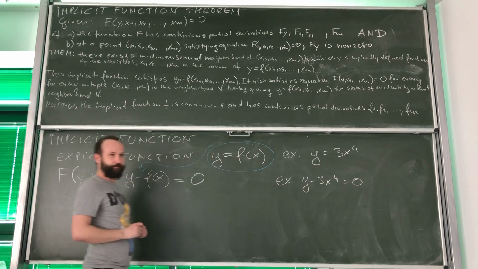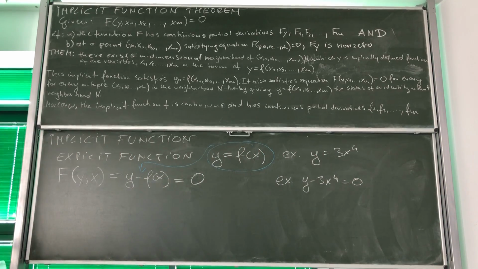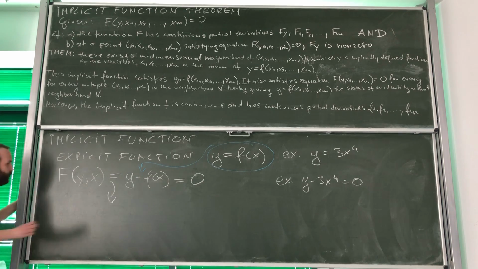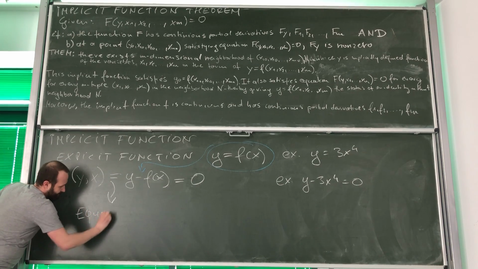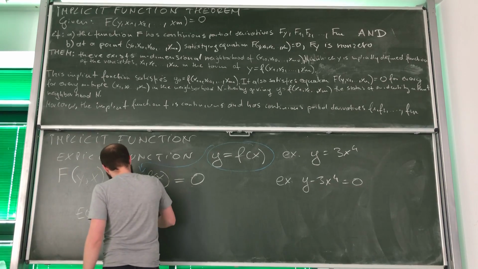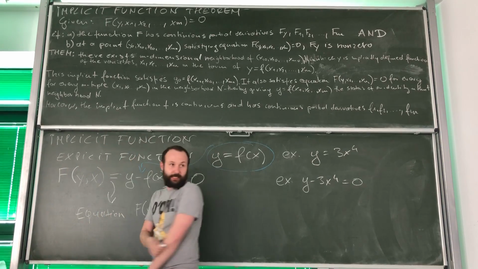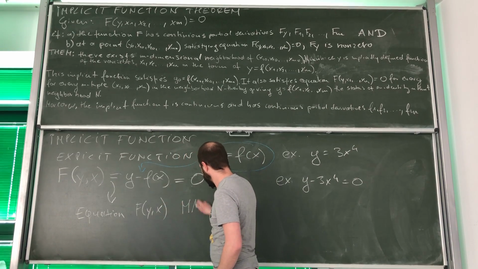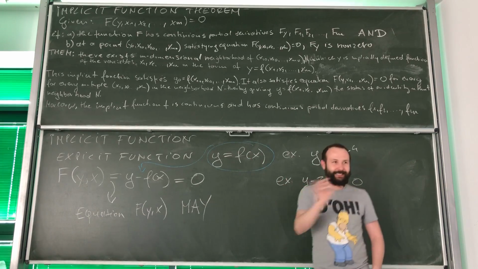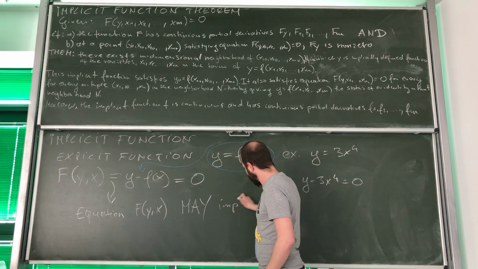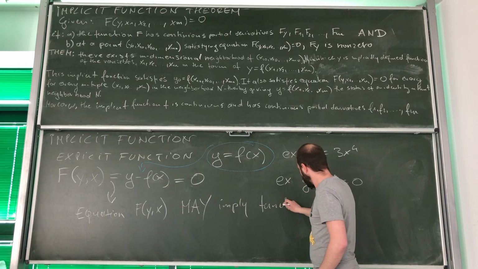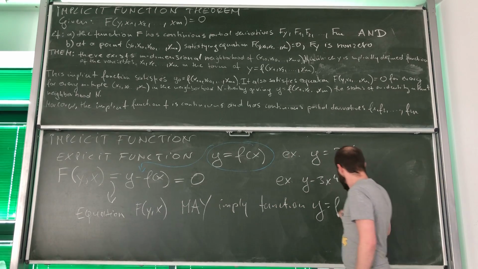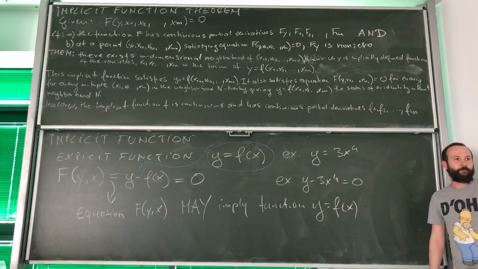Now look, this equation over here is very specific. Why? Because the equation F of y, x equals 0, and this is very important, it may, so it only might, imply the function y equals f of x.